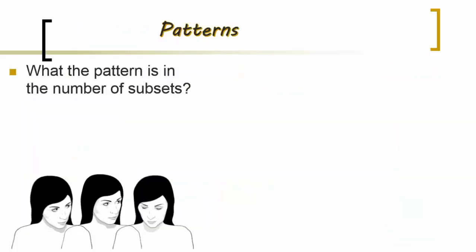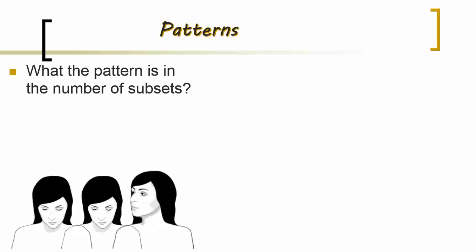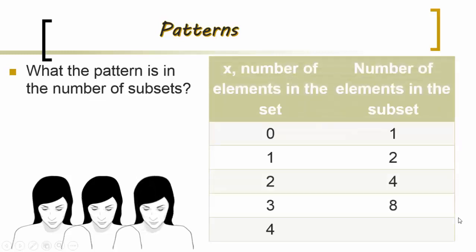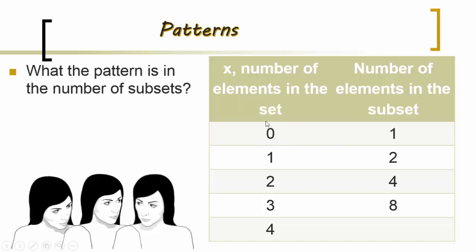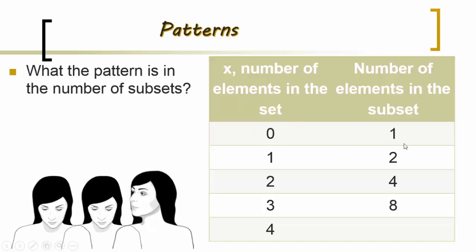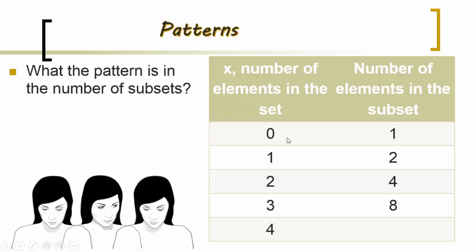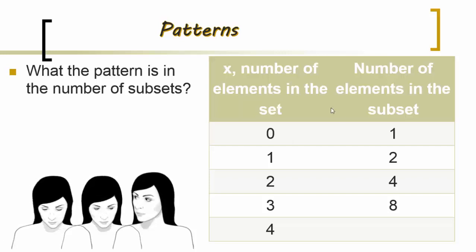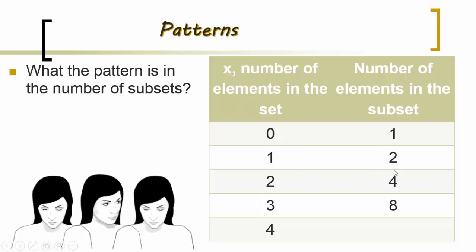So now we want to see what pattern we can see in the number of subsets. So we look at what we've done. Well, we find that if there are no elements in a set, we have one subset, which is the null set. And then we found in example number 11, if we have one element, for example the star, that means we have 2 subsets, the null set and the set itself.